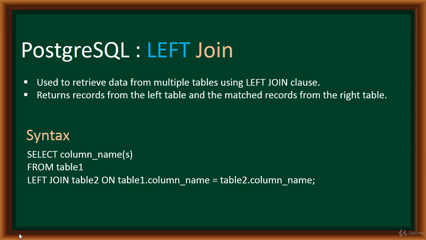So this, where it's got the equals to here, is where you have the matching column where the join is actually performed.